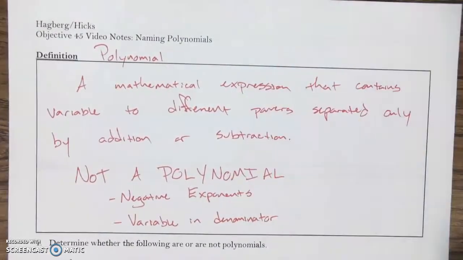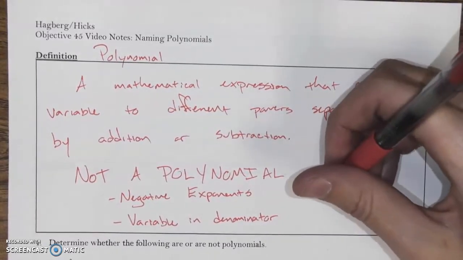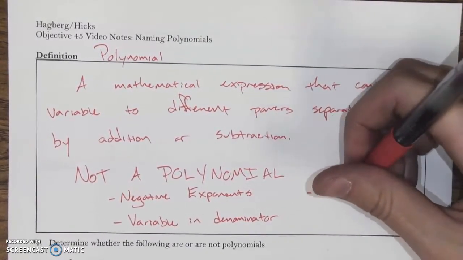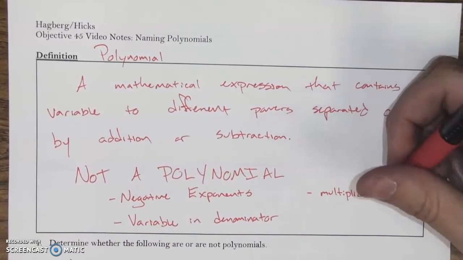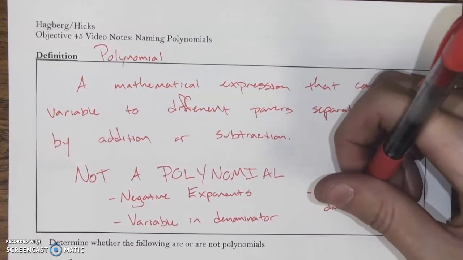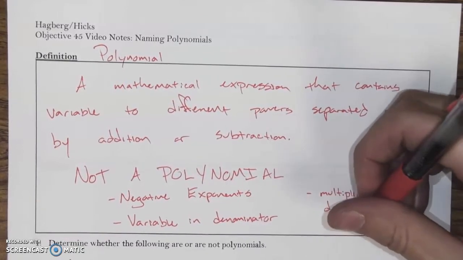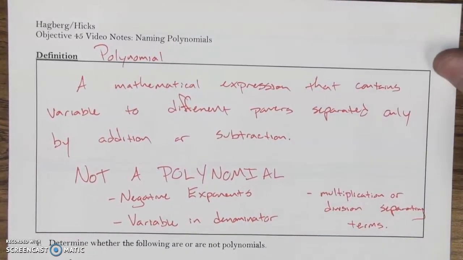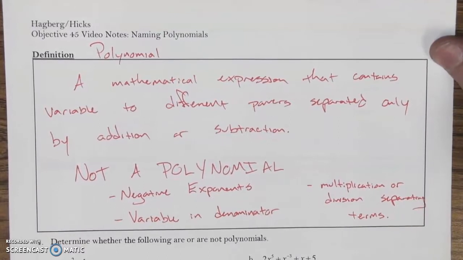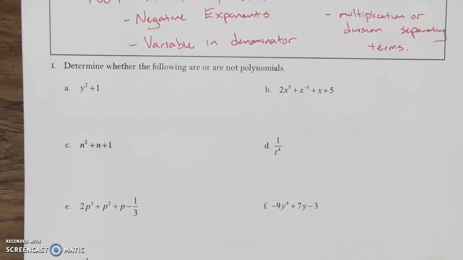You can't have that, no variables in the denominator. And then also multiplication or division separating terms. So if it's got negative exponents, a variable in the denominator, or multiplication or division separating the terms, then it is not a polynomial. Let's take a look at the following expressions and determine whether or not they are polynomials.